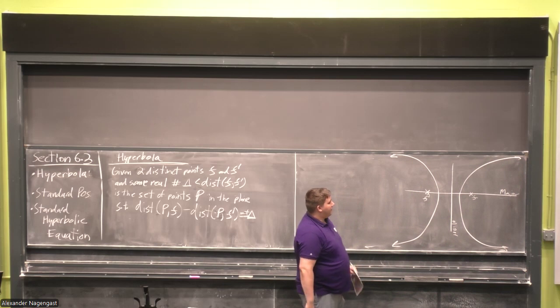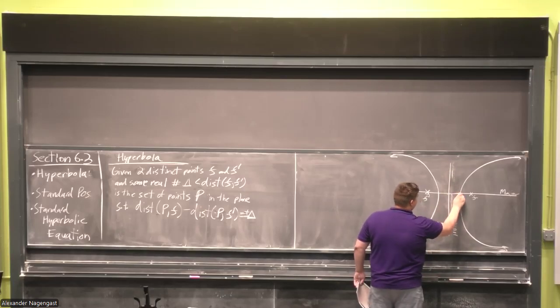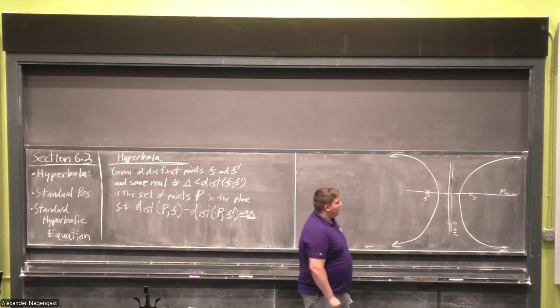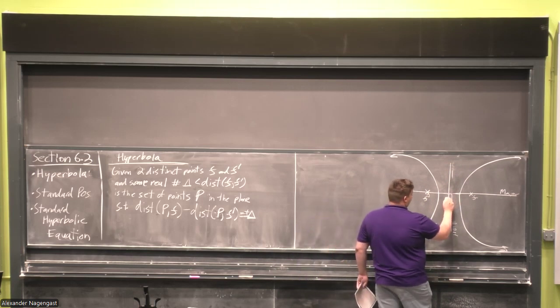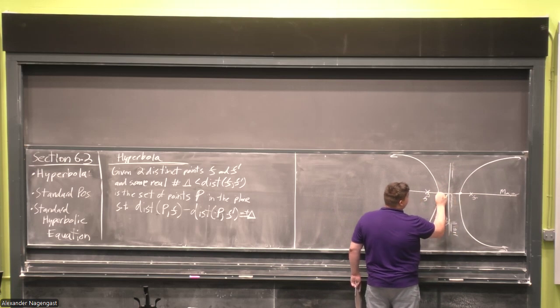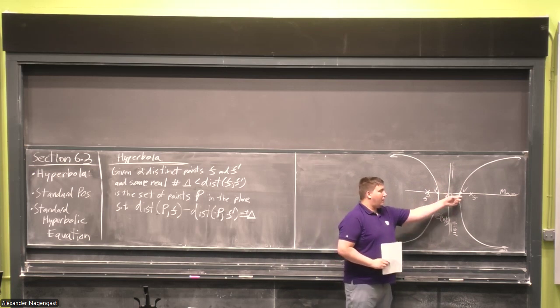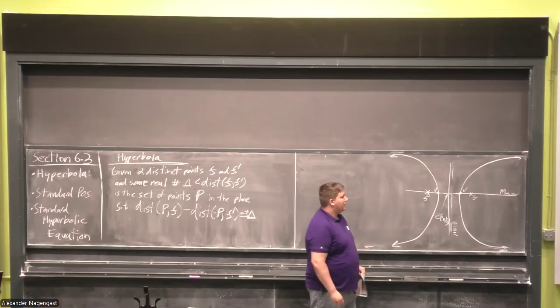Let me adjust this just slightly. There, so now it's halfway. So if I have my center, which is here, Z, my center of x naught, y naught, I then have my vertices, V and V prime. Those are the hyperbola on the major axis.